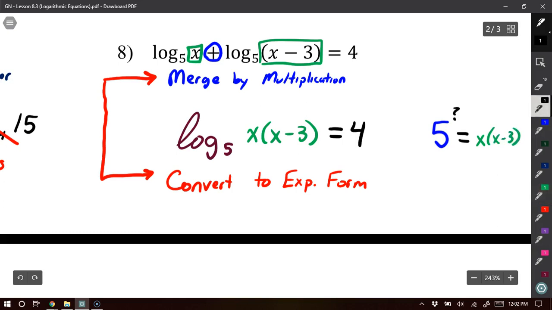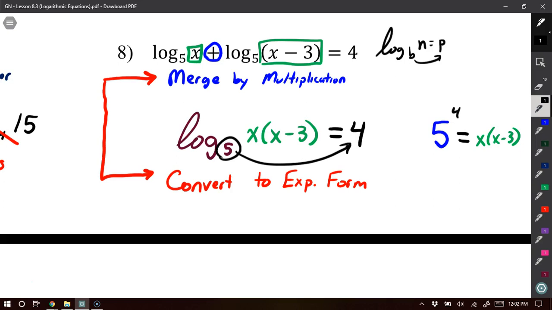And we're told that power, by the way, is 4. It's this idea of you have log, you have a base, number equals power. And these attach together. The 5 is your base, the 4 is your power, and it equals the x times x minus 3. We're not solving it, we're going to leave it alone, but that is the technique.